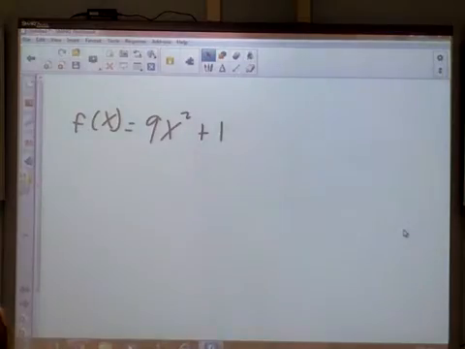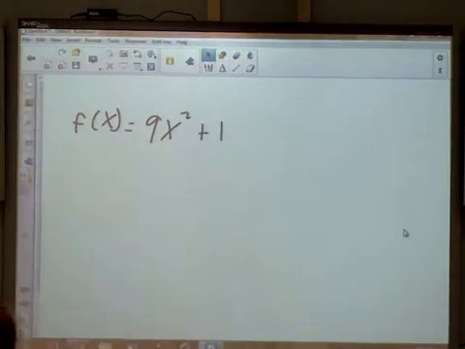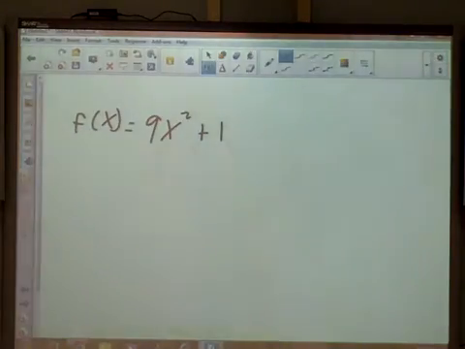So it's x equals plus or minus i. It's not the square root of negative over the square root of 9.